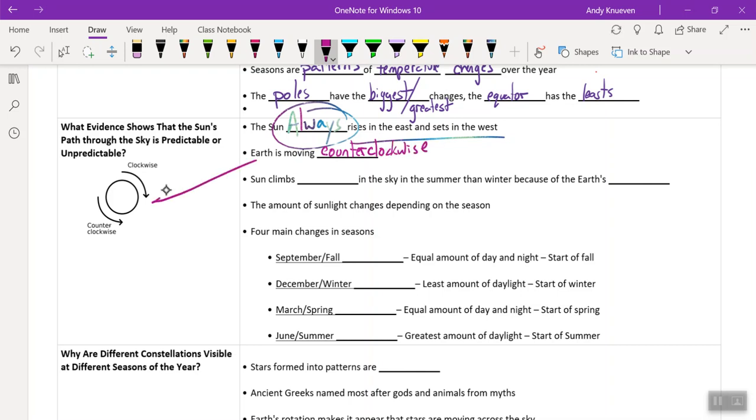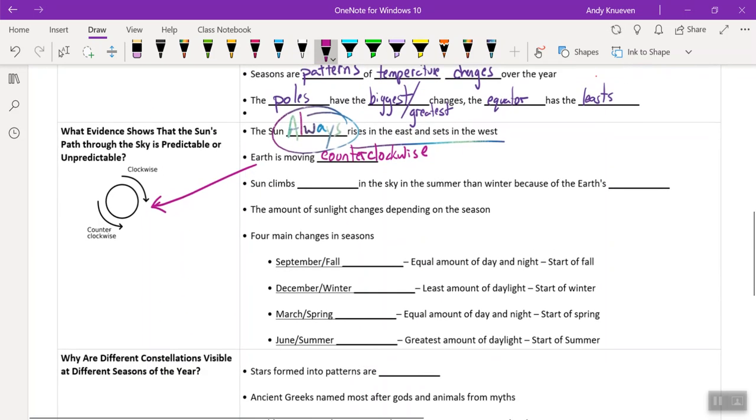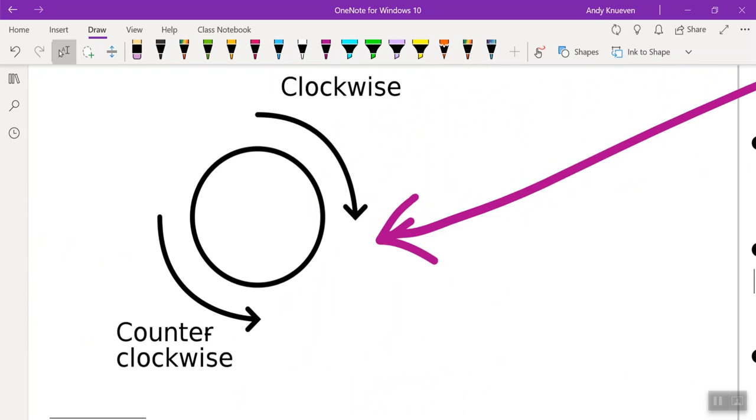And you can see this here. So clockwise, if we were to show this on the hands of a clock, if we were to plug in and say we had 12, 6, 3, and 9, and 1, 2, 4, 5, 7, 8, 10, and 11, right? The hands of a clock go around clockwise.